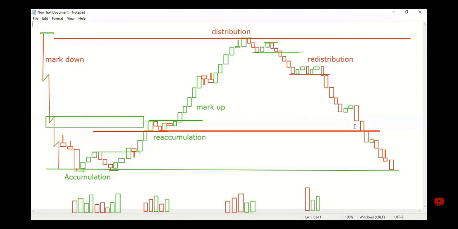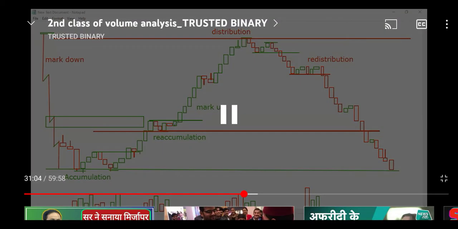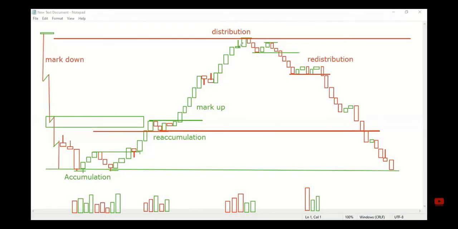From where we have to place our trade? This is another important question. We see so many levels in the market, and I already explained in price action that there are some hidden levels also.